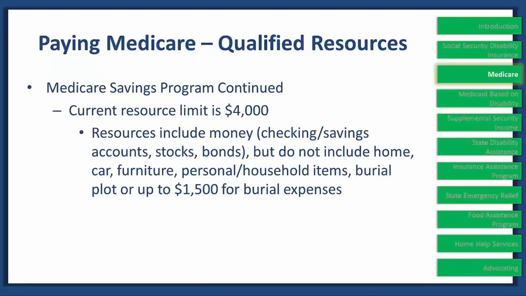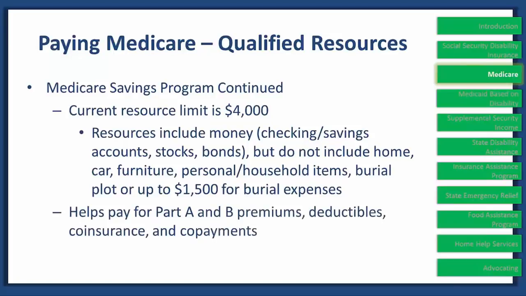They do not include a home, car, furniture, other personal and household items, burial plots, or up to $1,500 that has been set aside for burial expenses. The Medicare Savings Program helps pay for Part A premiums, Part B premiums, and deductibles, coinsurance, and copayments.